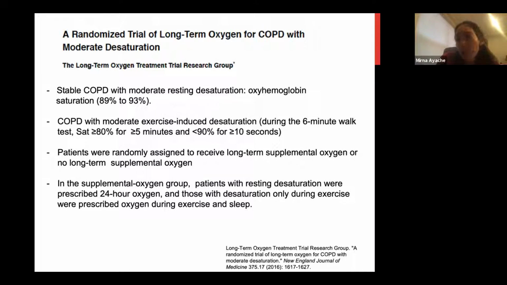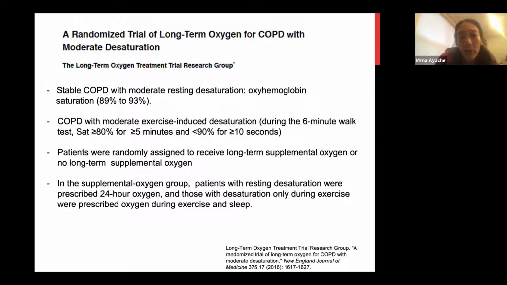How about those who desaturate with exertion and those who desaturate at night? Does oxygen therapy actually change mortality? Remember, all we have is observational data showing there is increased mortality in those who desaturate, but that does not mean that if you give them oxygen, outcomes actually improve. So this study was trying to answer that question.